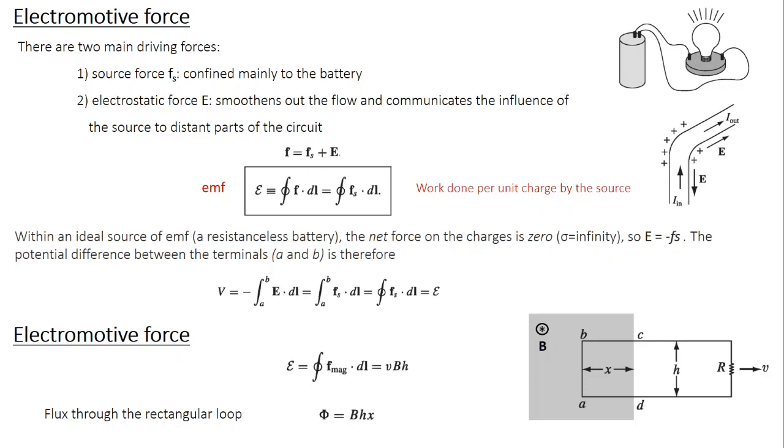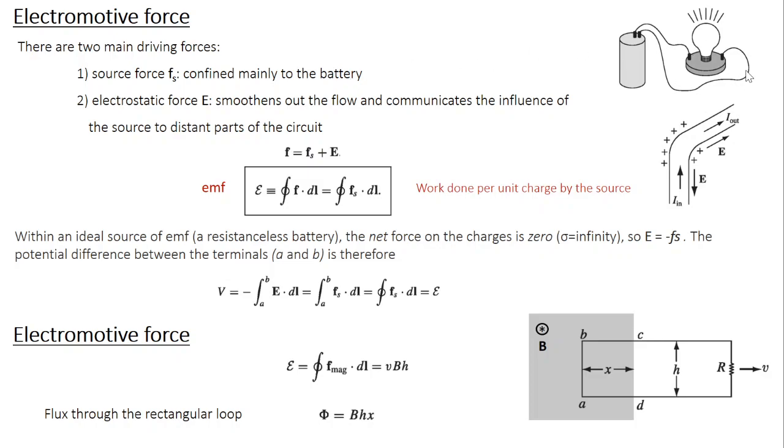Now, there are two forces coming into play here. First one, of course, the force associated with the battery or the source, you call this Fs. This is confined mainly to the source. And there is a second type of force here.